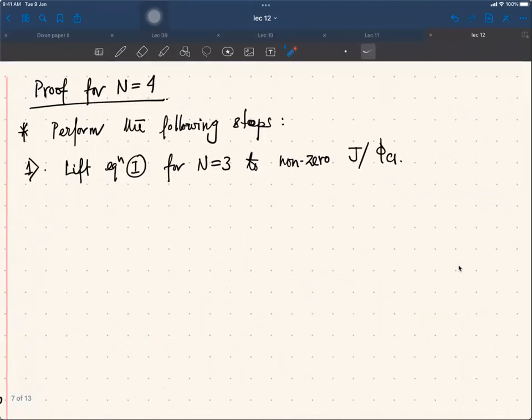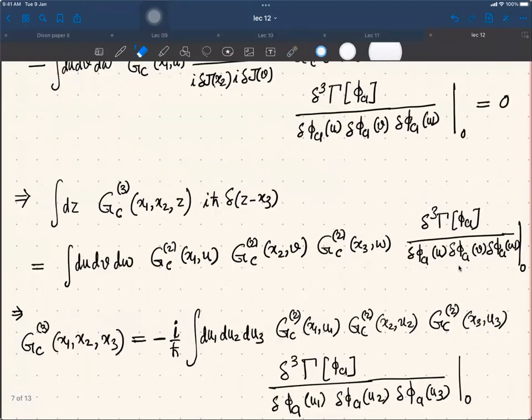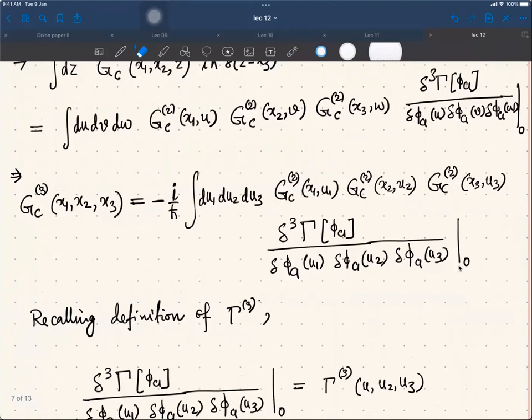So this is not equation form. What I'm saying is that, let me give a new name. Let me call it 3.